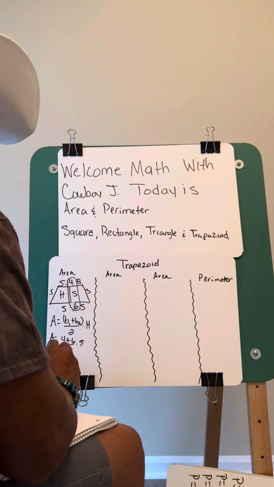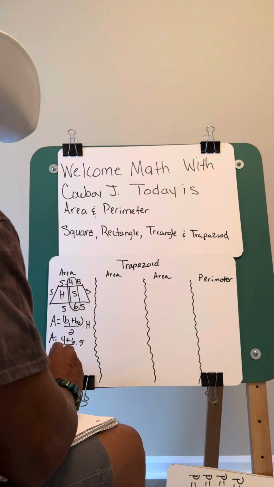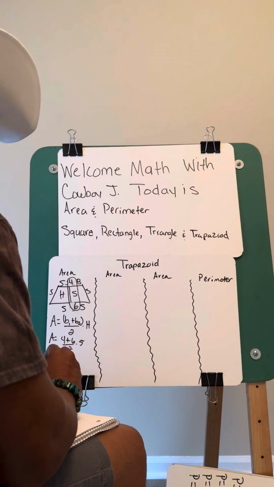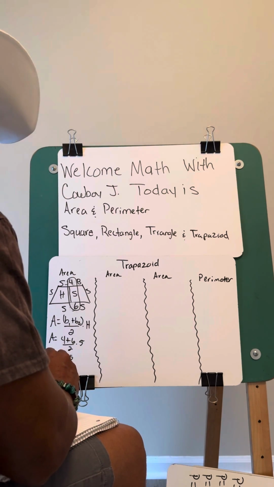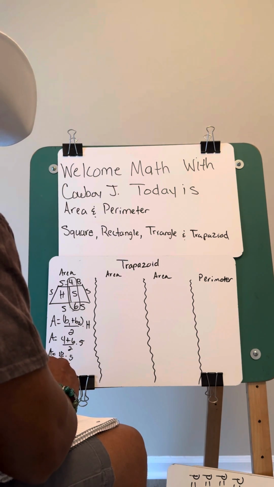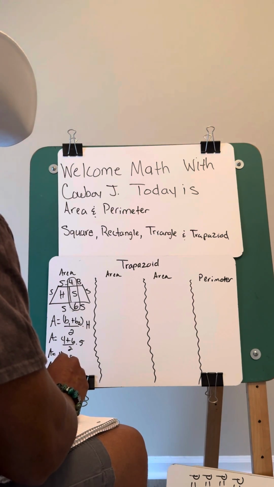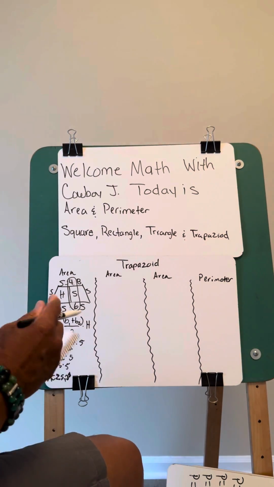So A equals 10 divided by 2 times 5. A equals 5 times 5. A equals 25 feet squared.